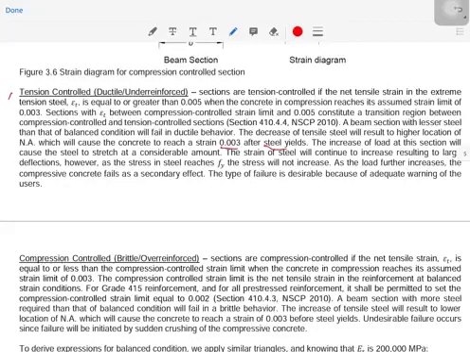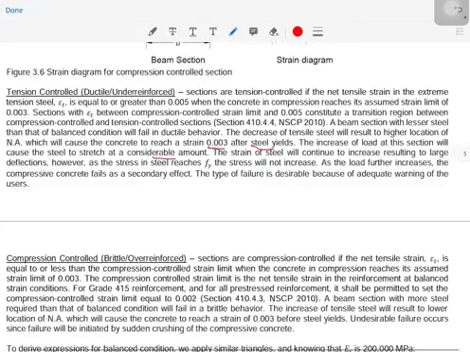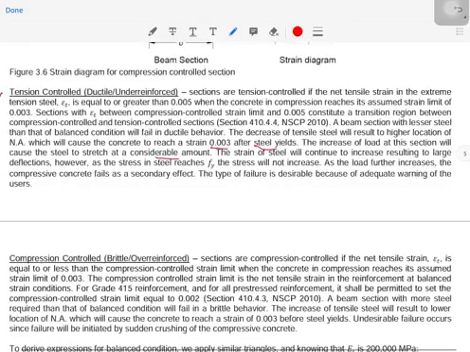So the increase of load at this section will cause the steel to stretch a considerable amount. The strain of steel will continue to increase, resulting in large deflections. However, as the stress in the steel reaches fy, the stress will not increase. So as the load further increases, the compression concrete fails as a secondary effect.